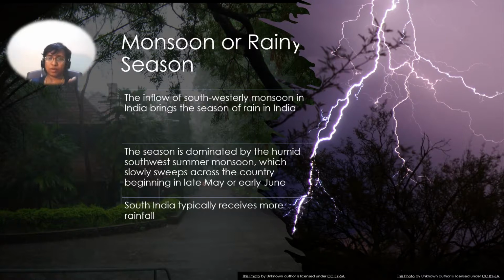These systems generally form in the northern part of the Bay of Bengal with an average frequency of about 2 to 3 per month and move in a northward or northwestern direction, bringing well distributed rainfall over southern and northern parts of the country.